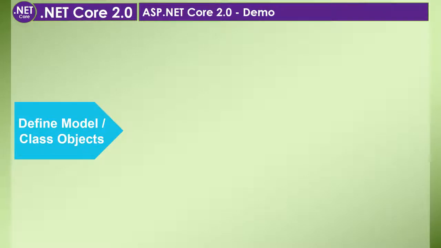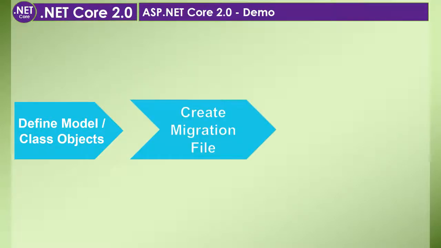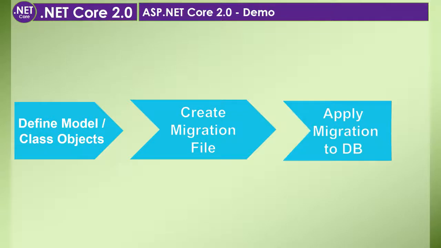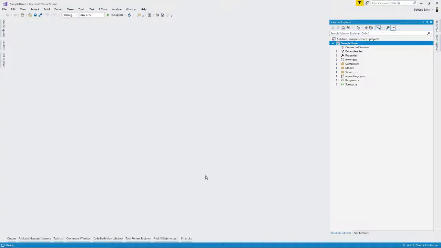If we want to migrate or create Entity Framework Core, we can follow these steps. We first define the model or class object, then create the migration files, and then apply the migration to the database. So first we will see how to create Entity Framework Core using the DB first approach.